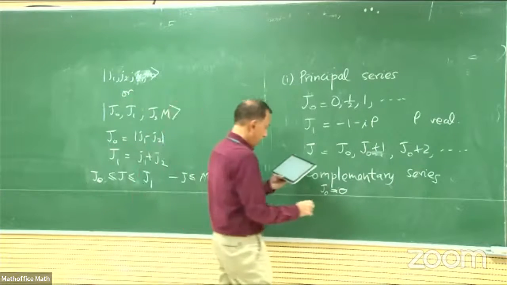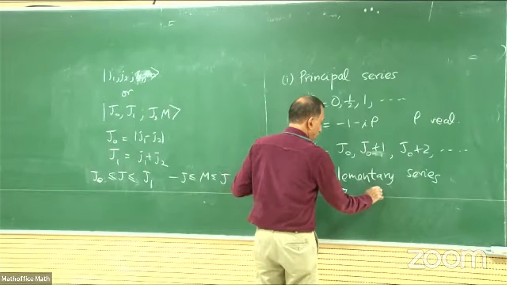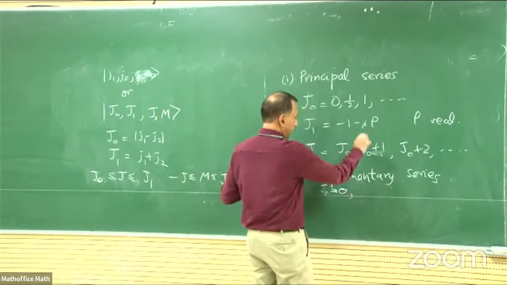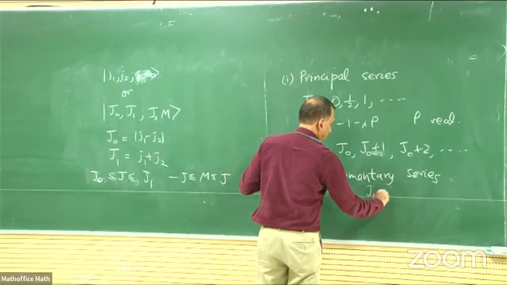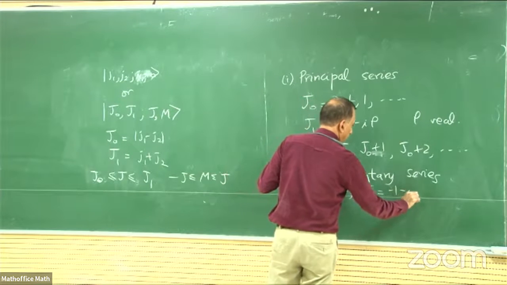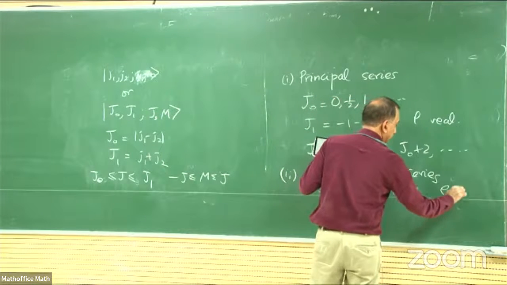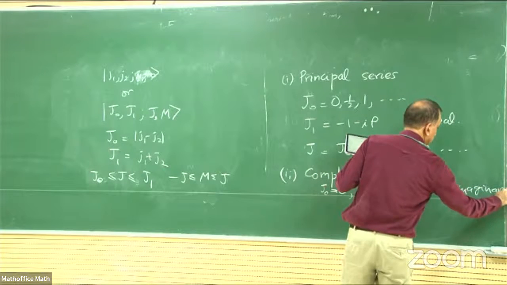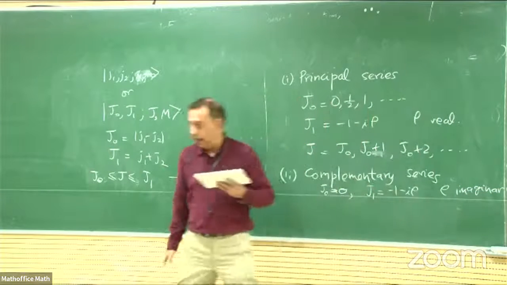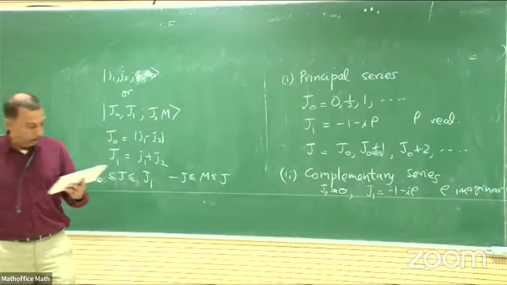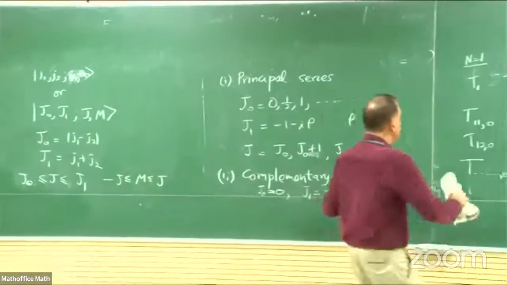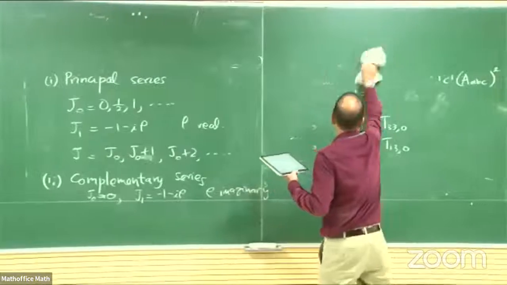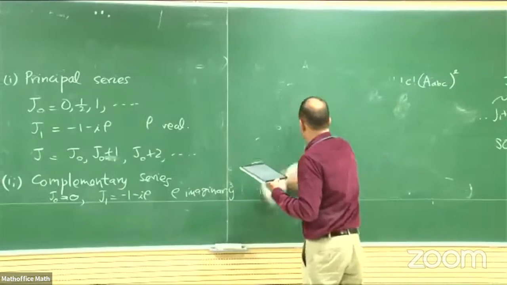But now J1 is again like this, but now rho is imaginary. So J1 is actually real. But it's negative. So it's still not anything like the unitary ones.